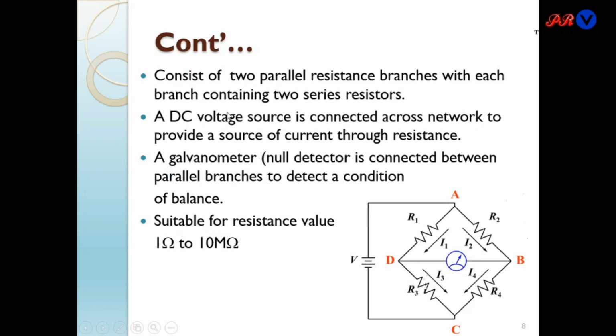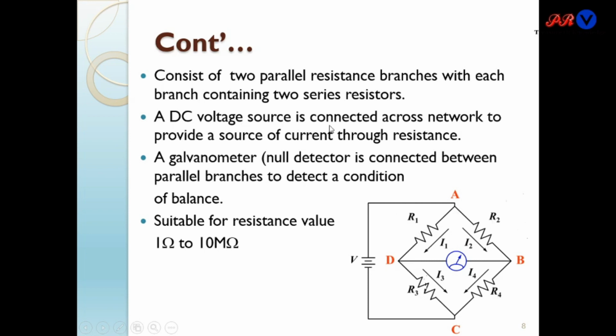So the DC bridge consists of two parallel resistance branches with each branch containing two series resistors. So here we have these two arms, arm ABC, in which R1 and R3 are in parallel with R2 and R4.